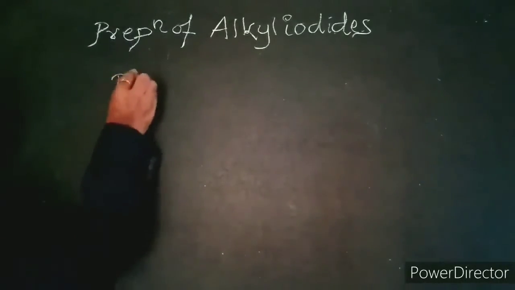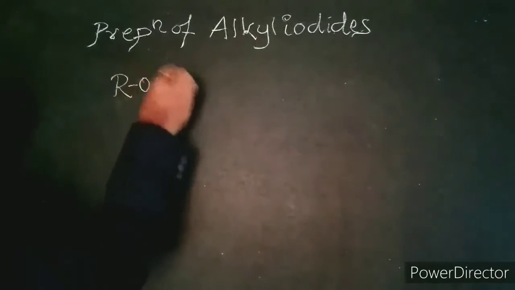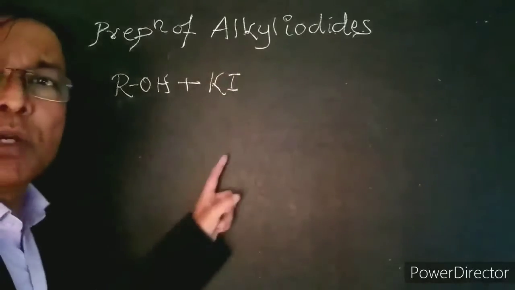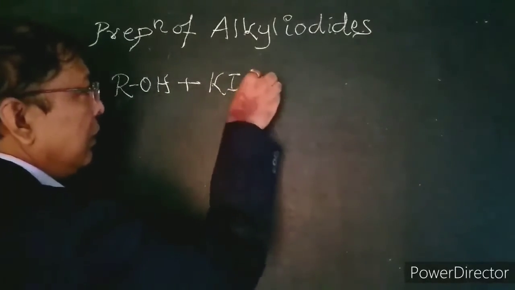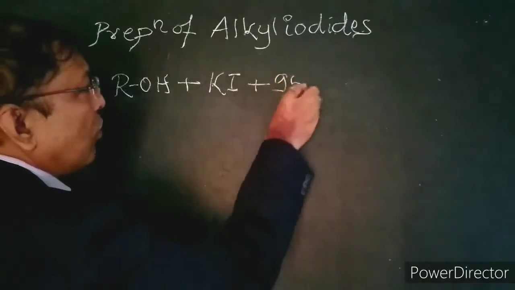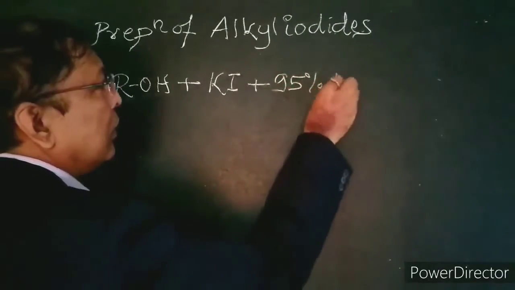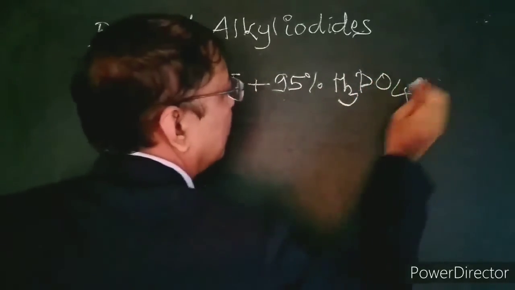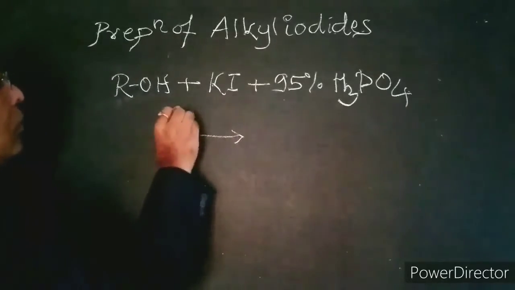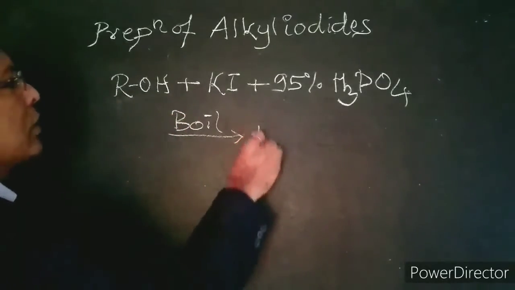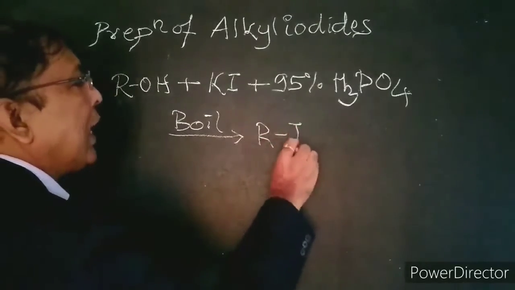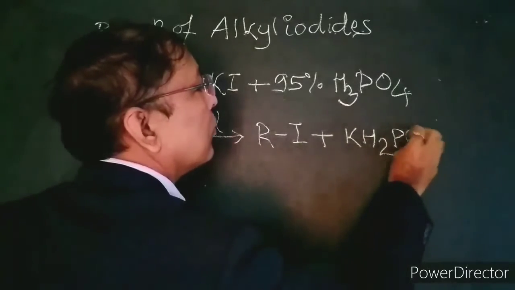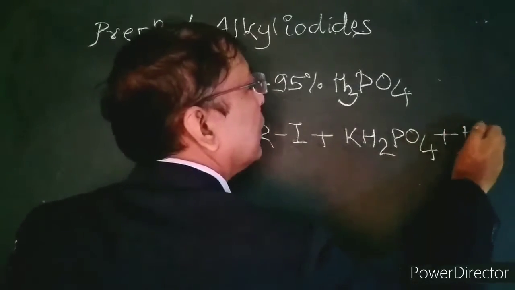When alcohols are boiled with potassium iodide or sodium iodide in presence of 95% phosphoric acid, H3PO4, we get alkyl iodide plus KH2PO4 plus H2O.